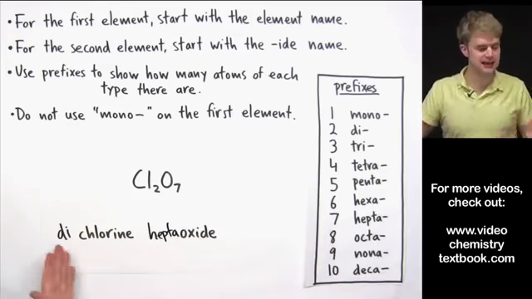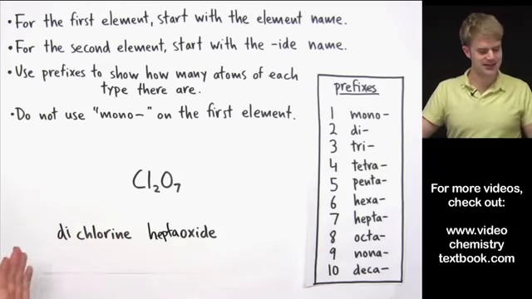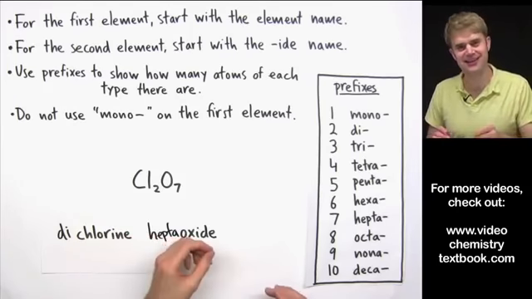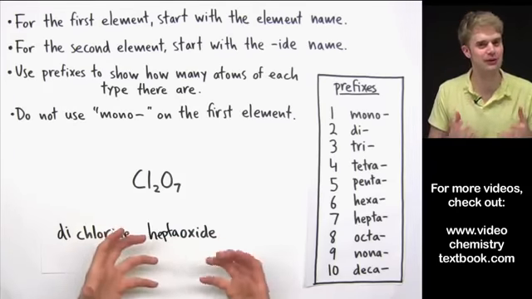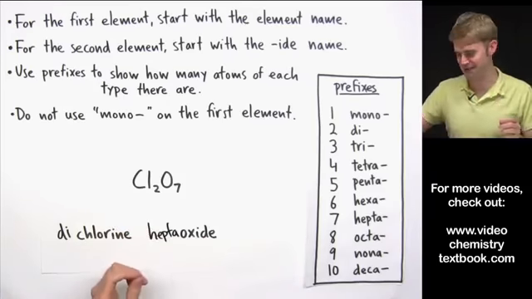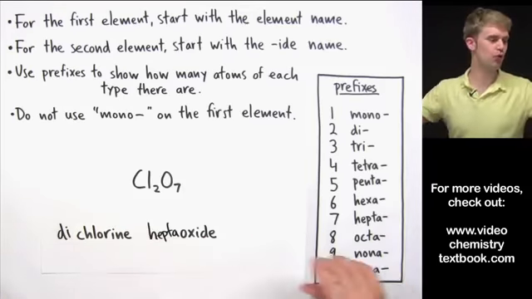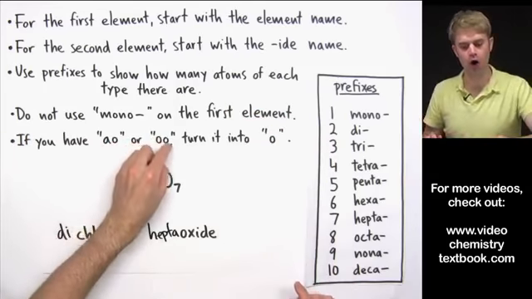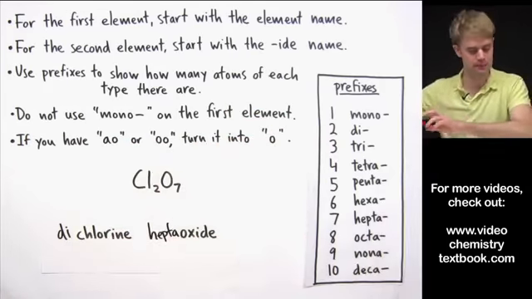Now try saying this compound name. We got dichlorine heptaoxide. Hear that heptaoxide thing? It's kind of awkward to pronounce. So to prevent us coming up with these really weird names, there's one more rule, and that's that if you have AO or OO, turn it into O. Here's what that means.